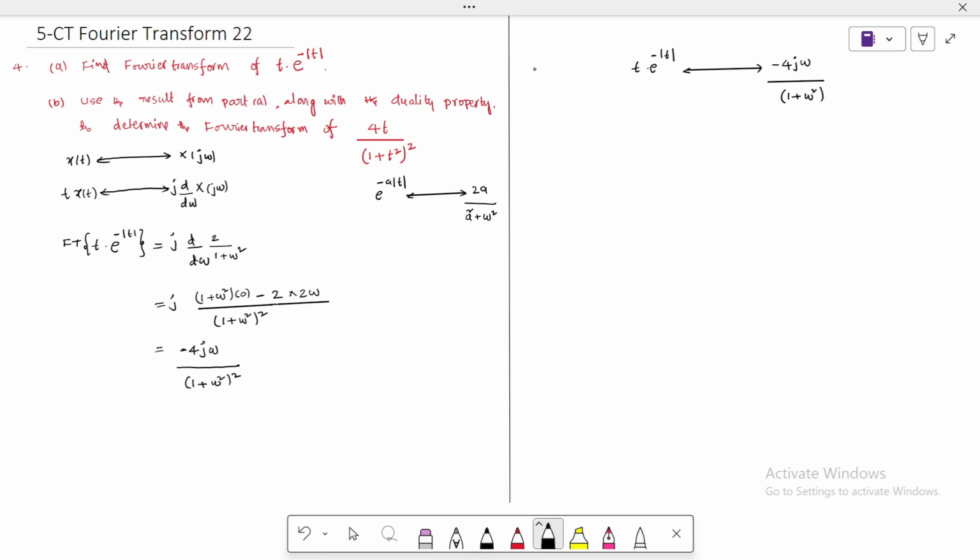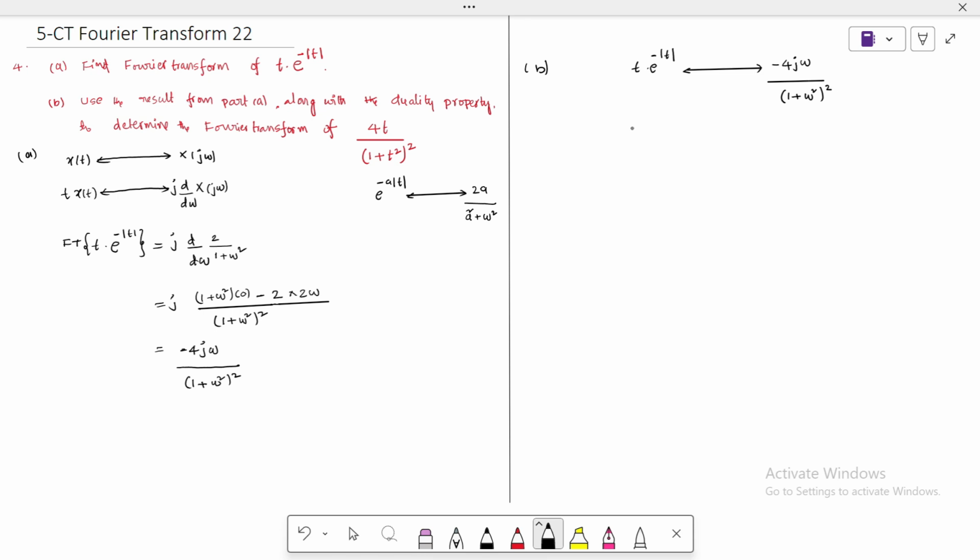This is part A, and this is part B. I have written this equation based on part A, where we already derived this Fourier transform.